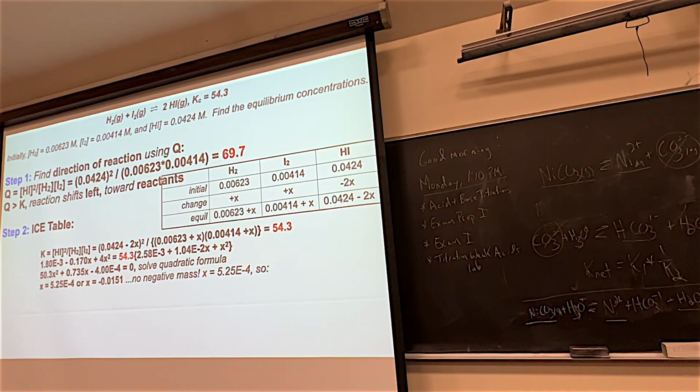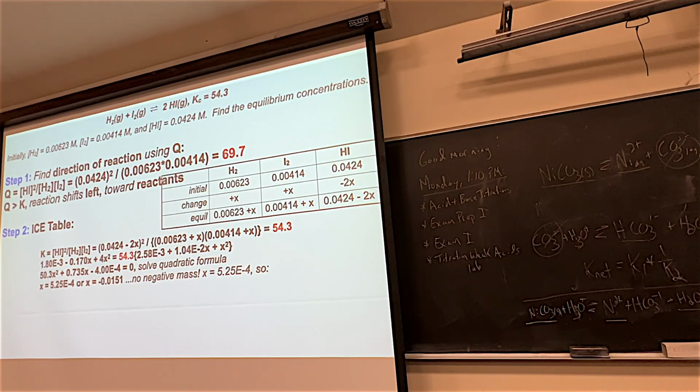If you have 2 positive numbers, you want the smaller one, because almost always the larger one, when you plug it back in, will give you a negative mass. So if you have 2 positive roots, you want the smaller one. If you have a positive and a negative root, you want the positive one.